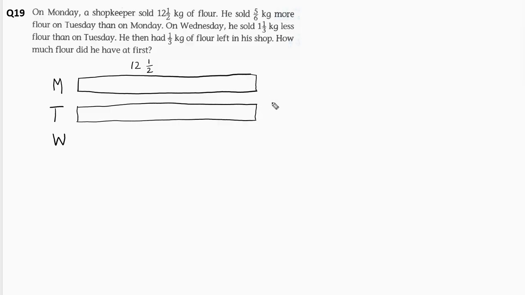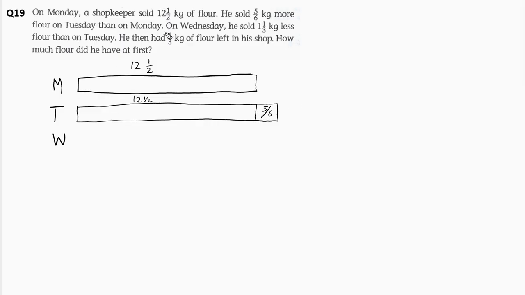It has got this bit more. So I'm going to draw an extra section on here. Whilst this bit we know is 12.5, this part, that's the bit that's more. This is 5/6.